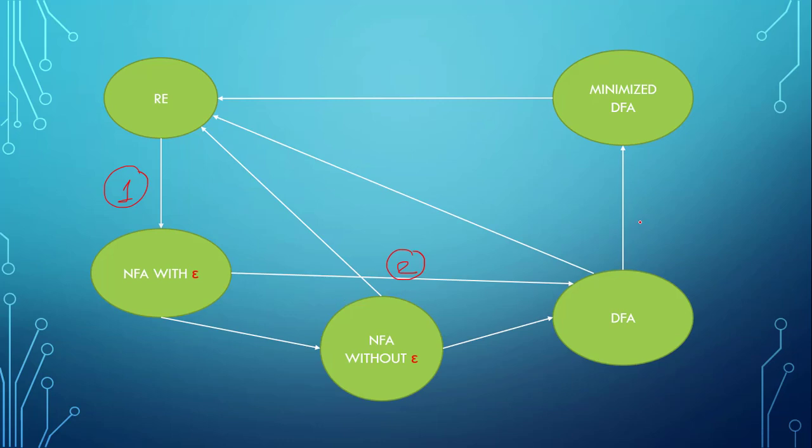From DFA to minimized DFA will be our third step or third design that we will be learning. From NFA with epsilon to NFA without epsilon will be our fourth one. NFA without epsilon to DFA will be our fifth, and all these three, that is from NFA without epsilon, DFA and minimized DFA to regular expression, will be our number 6 design.